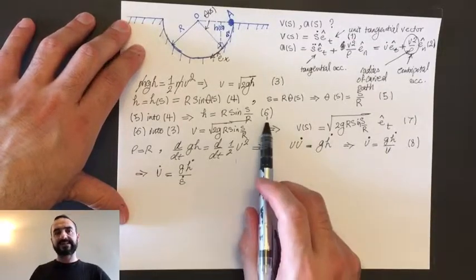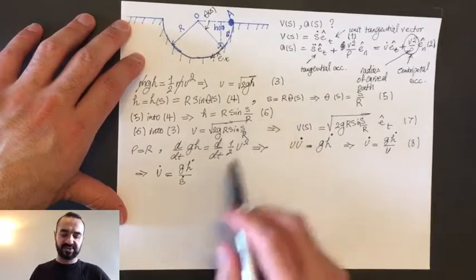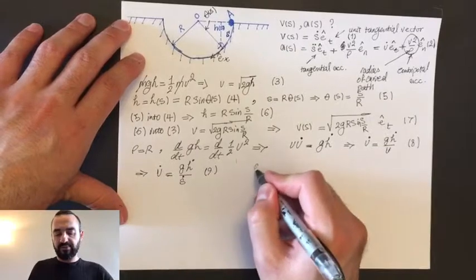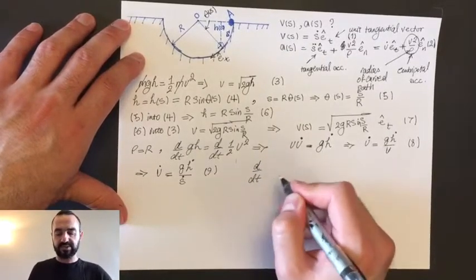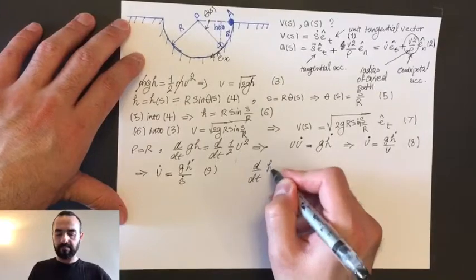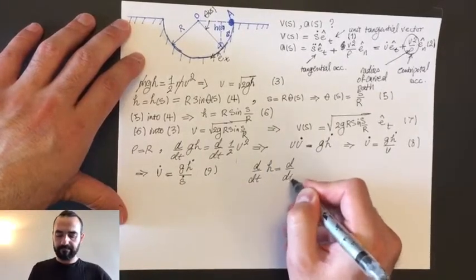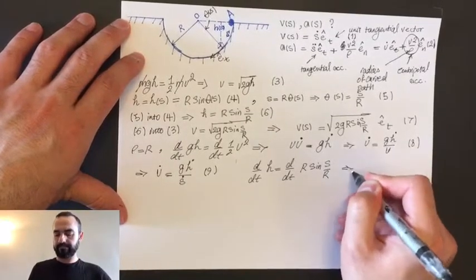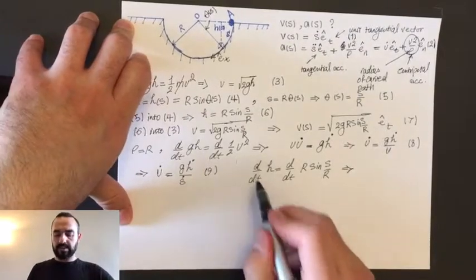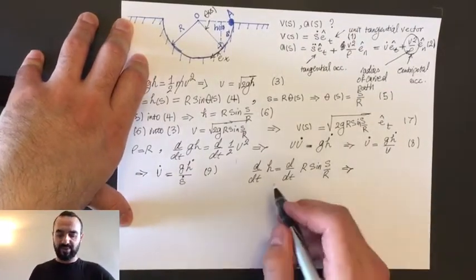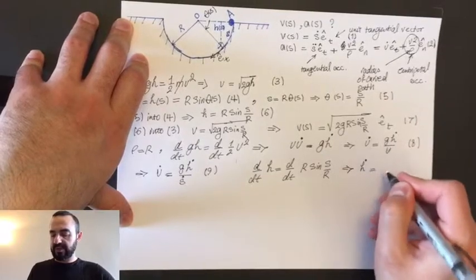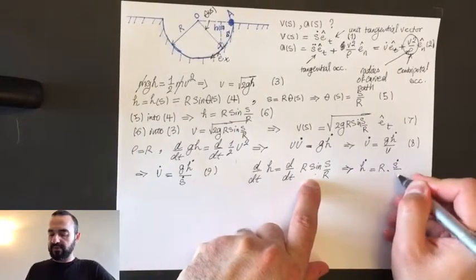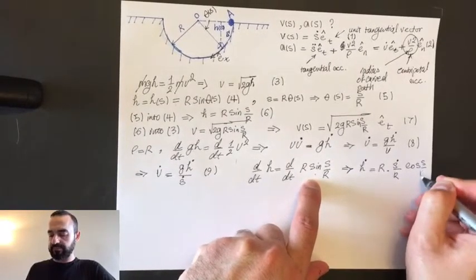Now, if you look at equation 6, you can differentiate equation 6 with respect to time and compute h dot. So this is 9. Now differentiate equation 6 with respect to time. R is constant, so we have h dot on the left, we have r, and you differentiate sine, you get s dot over r cosine s over r.